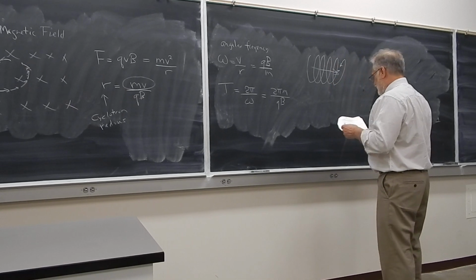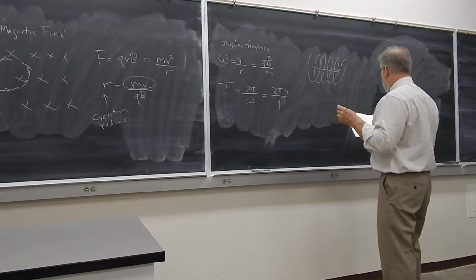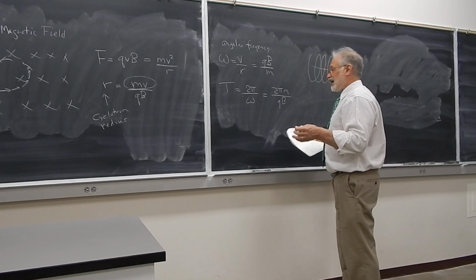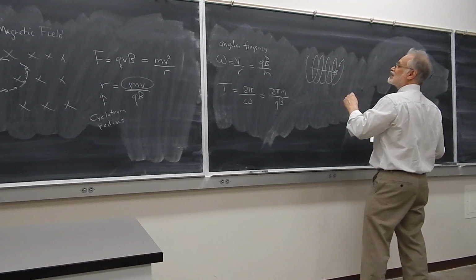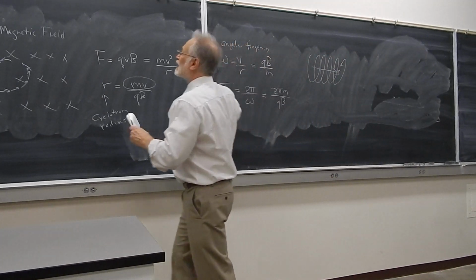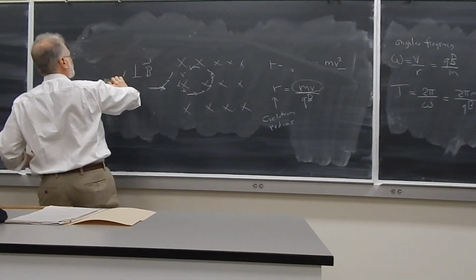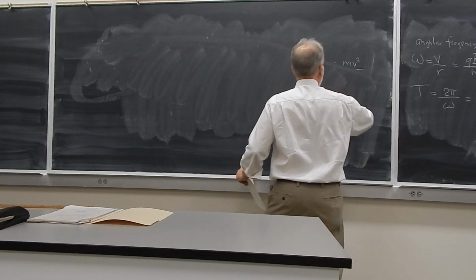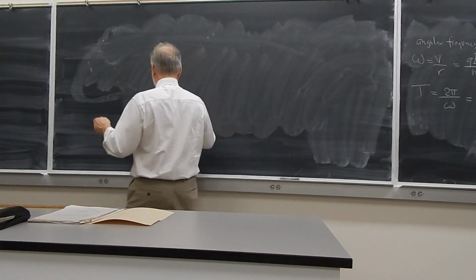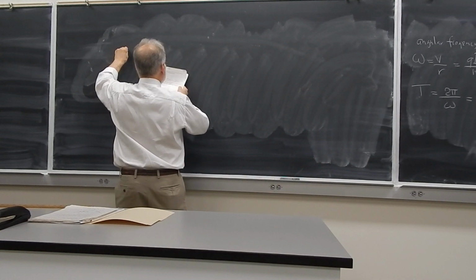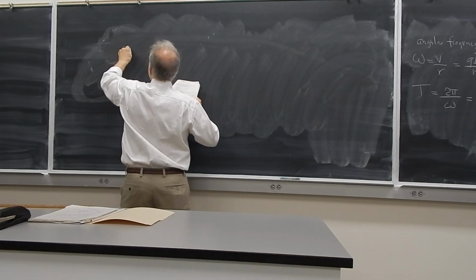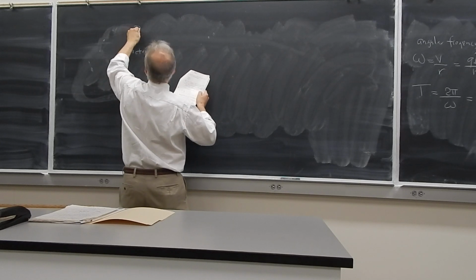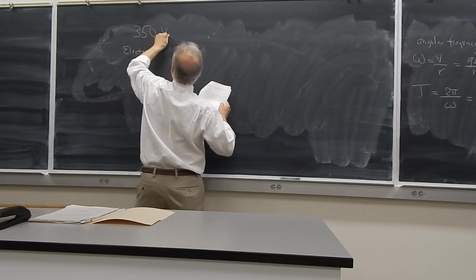We can do things like talk about the bending of an electron beam in a magnetic field. One reason to do that is to measure the strength of a magnetic field. So let's look at the following example. Suppose we have an electron beam and we're accelerating electrons through a potential of 350 volts.